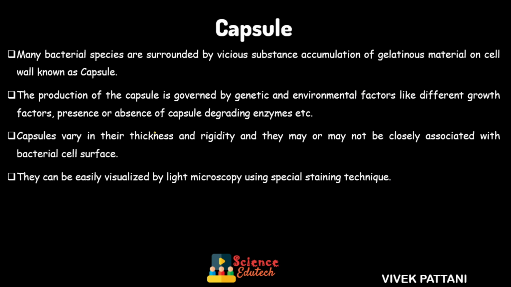The production of the capsule is governed by genetic and environmental factors like different growth factors, presence or absence of capsule degrading enzymes, etc. So capsules may vary in thickness and rigidity, and they may or may not be closely associated with the bacterial cell surfaces. They can be easily visualized using the light microscopic technique, using a capsule staining technique.